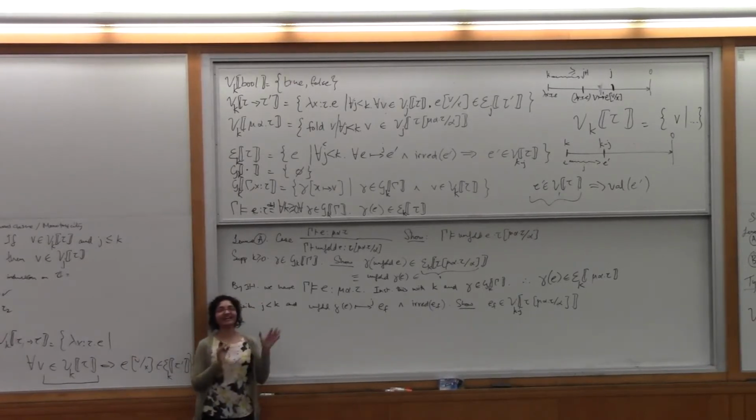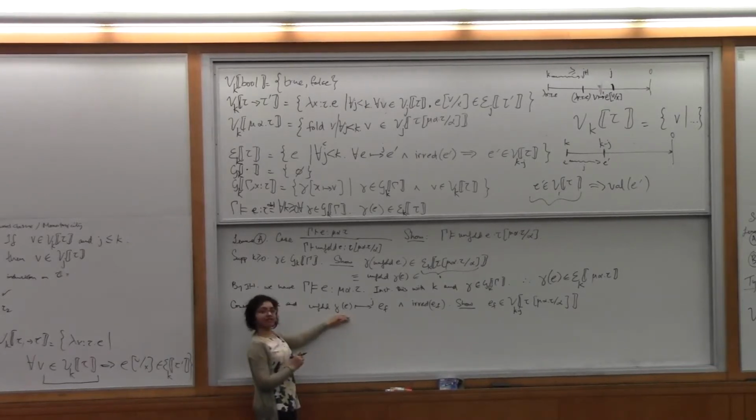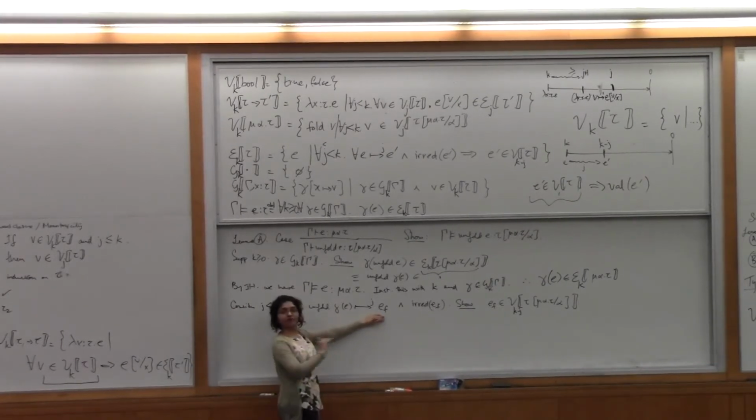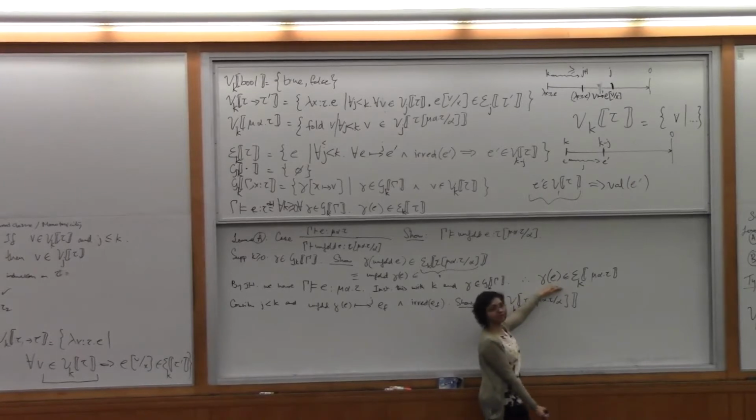Okay. So this is what we want to show. What do we have? We know that our unfold gamma E takes steps and reduces down to some value, and we're interested in showing that that value belongs to the value interpretation. But we know that the underlying term gamma E belongs to this E relation, right?